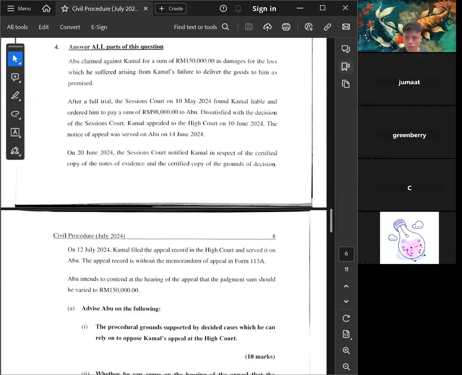Okay, I saw one answer here. Appeal record is without the memorandum of appeal. This could be one part of your answer. What else? Because the mark is allocated for 10 marks, there must be more than one objection.